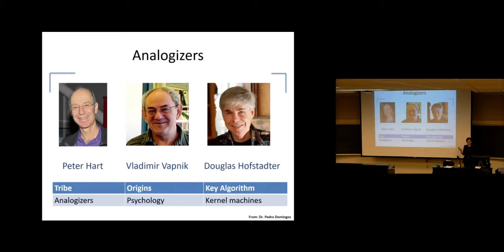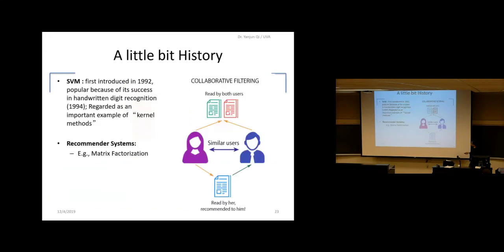All right, so the last tribe is called the analogizers. We actually covered the support vector machine, which is the most classic method in this crowd. They got a lot of ideas from basic psychology. The classic method is called SVM. We all know when SVM was proposed, right? Because I reviewed it. It was first proposed in 1992, then got people's attention in 1994 and 1995.